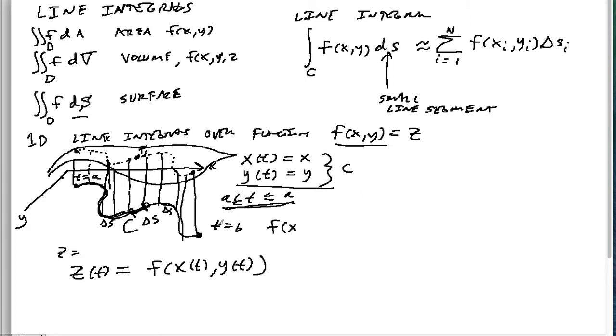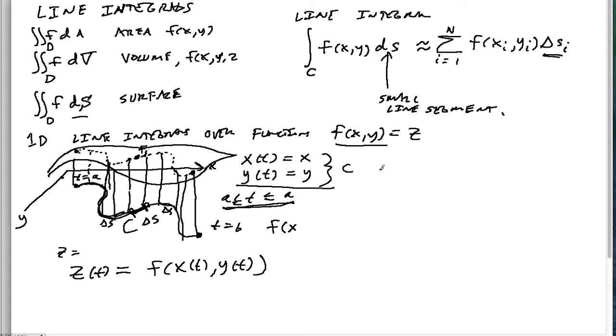Okay, so that's the basic setup here. Again, at the end of the day, an integral is always just adding up a bunch of function values weighted by some little segment that represents how much of the line we're covering as we go through this curve. Okay, so there we go. There's the abstract definition.